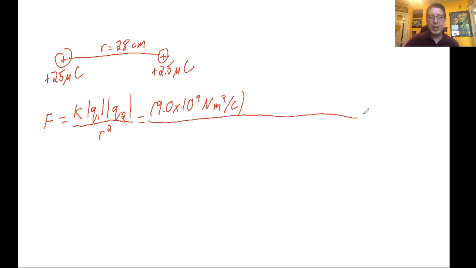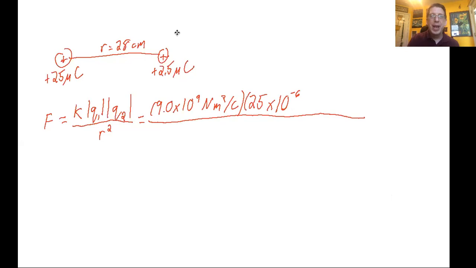And then you have the product of the two charges, 25 microcoulombs and 2.5 microcoulombs. Micro is 10 to the negative 6, so that's 25 times 10 to the negative 6 coulombs.